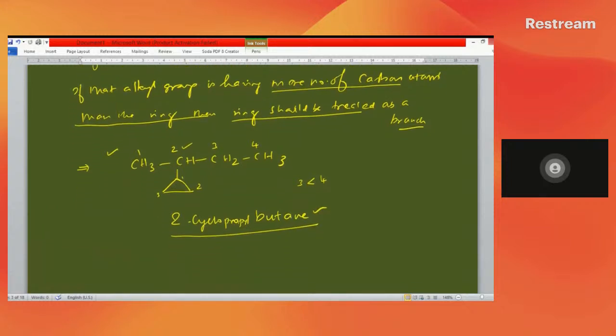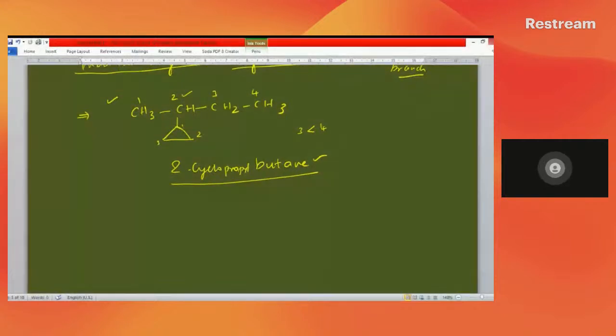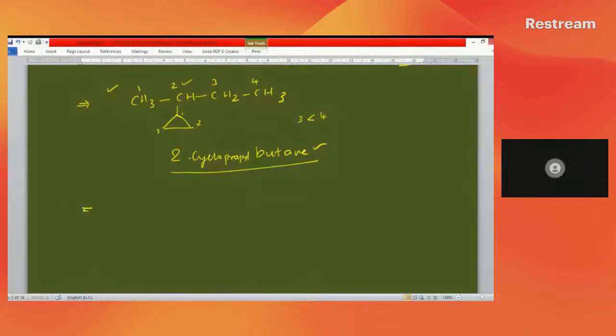Okay. And I'll give one more example. CH3, CH2, CH, CH2, CH3. In this position, suppose you find a branch like this, a ring. See the number of carbon atoms in the linear chain.